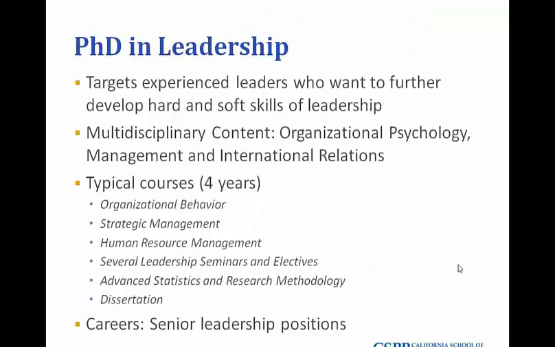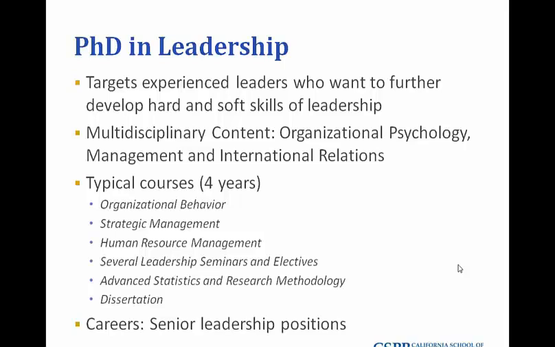Here's still another degree for you to consider. It's called the PhD in Leadership. This is a relatively new degree program, not just within Alliant, but also within the field in general. I think it's really just gotten some traction in the last 5 to 7 years.